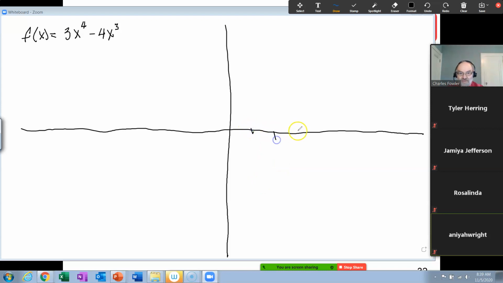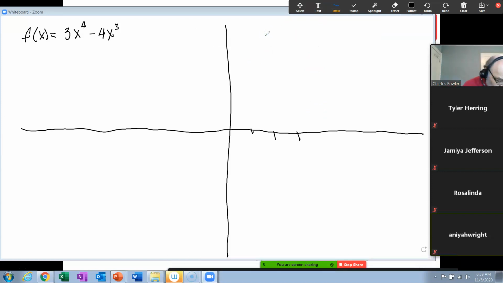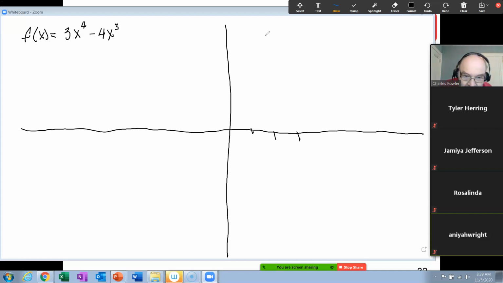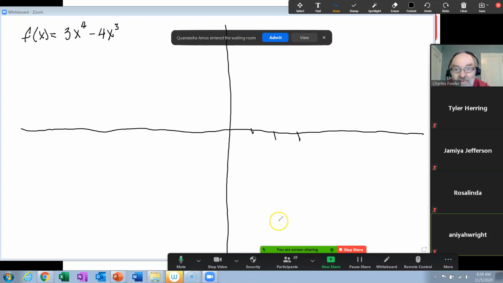1, 2, 3. Oh, here comes Janae. Let me get Janae in here and marked in the roll book. All right. That gets us up to 3, 4, 5, 6, 7, 8 students. So we're coming closer. Wait, I thought we had that before. Let me see how many we got. Yeah, 8 students. Oh, here comes one more.